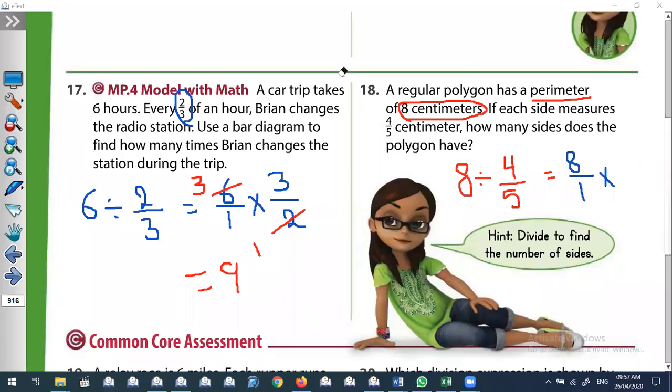I didn't make the flip. 4 over 5 will be 5 over 4. Now 8 and 4, both of them are in table 4. 4 divided by 4 is 1. 8 divided by 4 is 2. 2 times 5 is 10. So the number of sides is 10 sides.